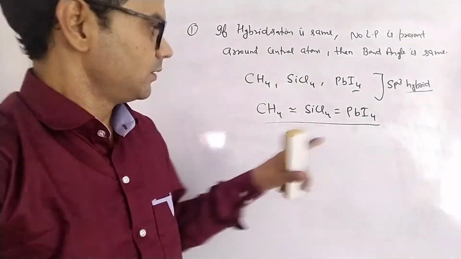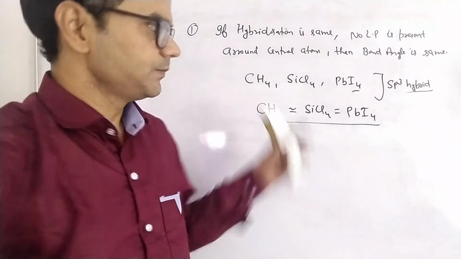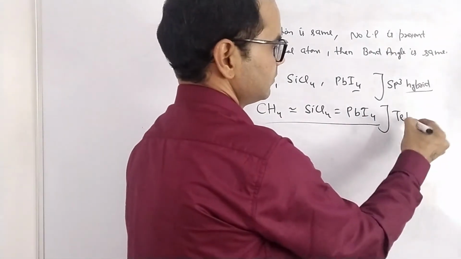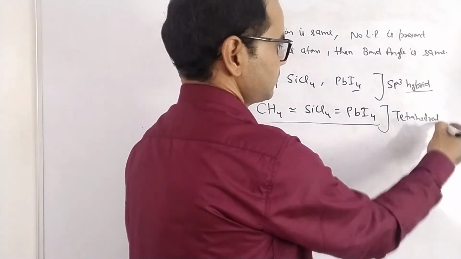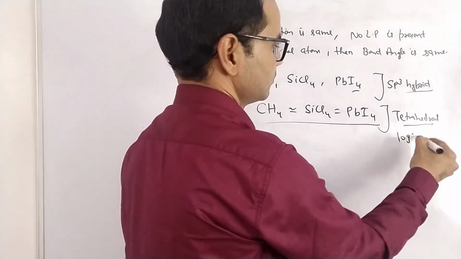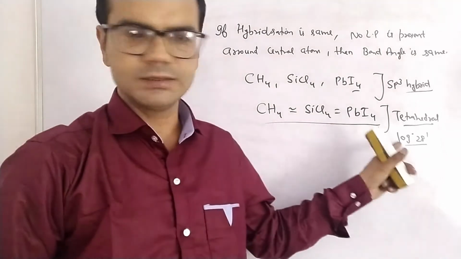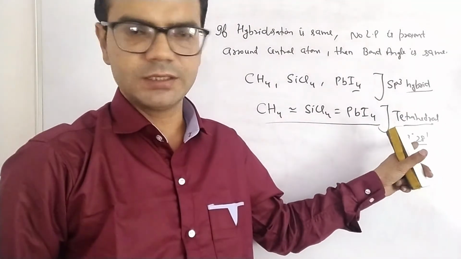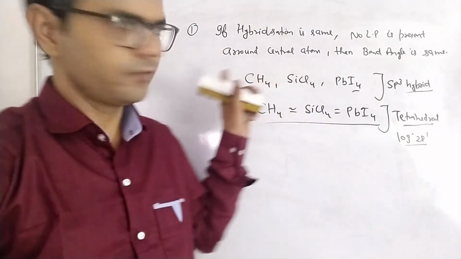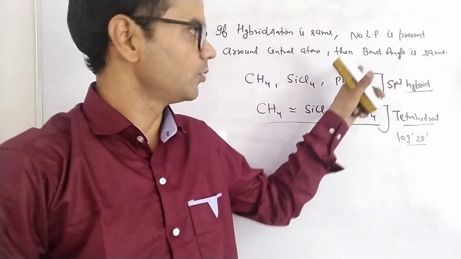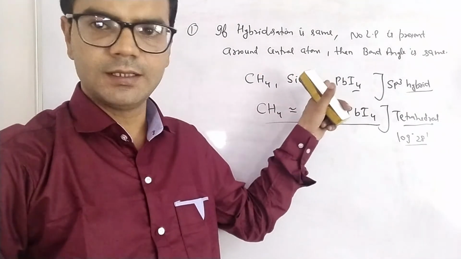The regular geometry is tetrahedral, and the bond angle of tetrahedral geometry is 109 degrees 28 minutes. This is rule number one.